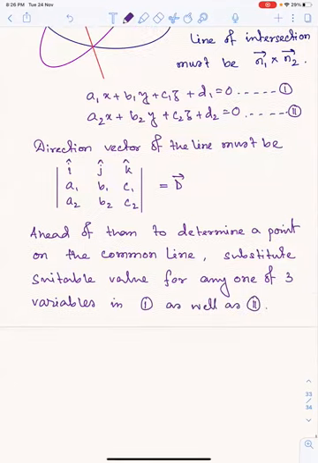Now, as soon as you do that, what will happen? In relation 1 as well as in relation 2, we had three variables each. You have decided on a variable and you have substituted a suitable value for that. As such, if your line's direction is not parallel to any coordinate axis or any coordinate plane, in that case we can expect x, y, and z dependently to vary from minus infinity to plus infinity.